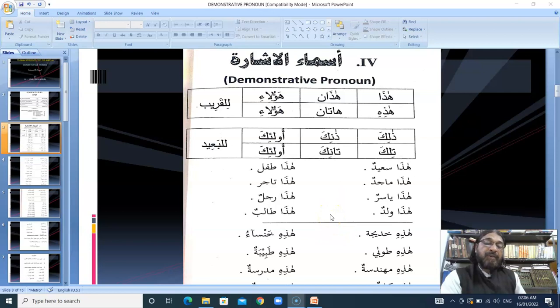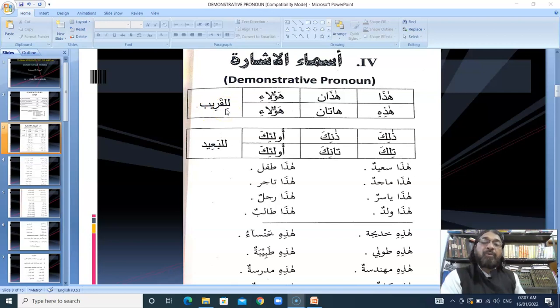Inshallah, after few pages, the translations also will be provided. Here, Hadha, Hadani, Haulai. As I told you in the beginning, 6 for near. Qareeb means near. Lil Qareeb for the near.